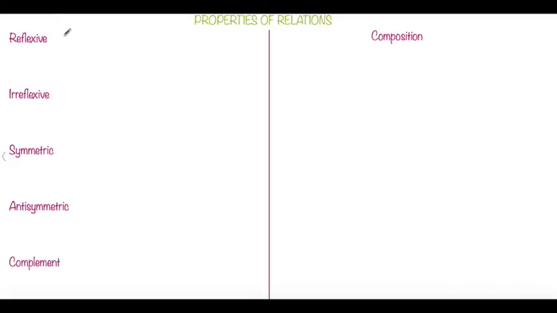Reflexivity is related to a relation R from A to A, so we are checking a subset of A cross A. A relation R is reflexive if (a, a) belongs to R for all a belonging to A.